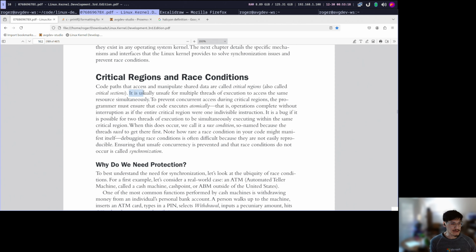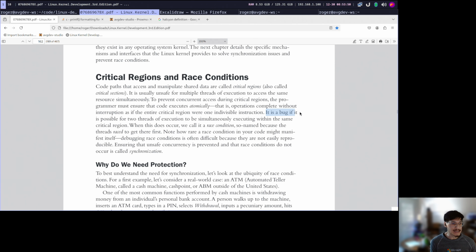So it is usually unsafe for multiple threads of execution to access the same resource simultaneously. Exactly what we just went over. To prevent concurrent access during critical regions, the programmer, so it's the responsibility of the programmer, must ensure that code executes atomically. That is, operations complete without interruption, as if the entire critical region were one indivisible instruction.